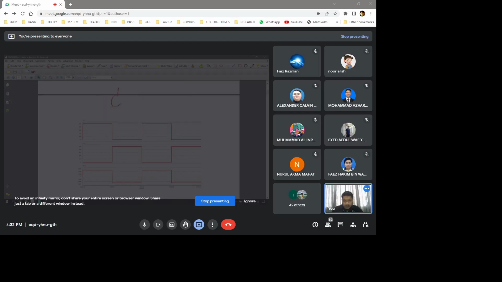So let me draw again. So this is 100 volt, the capacitor again. This is your switch 1, switch 2, back to that.